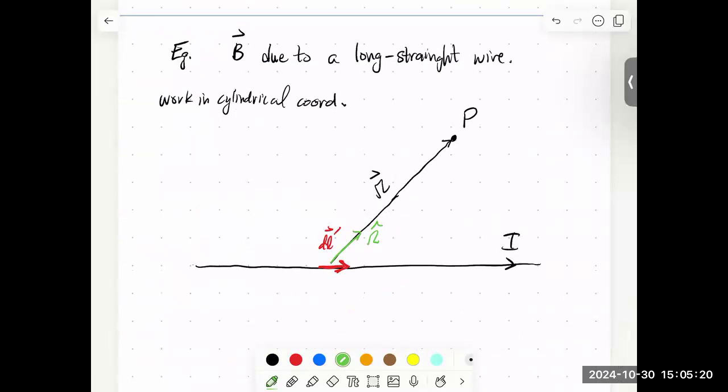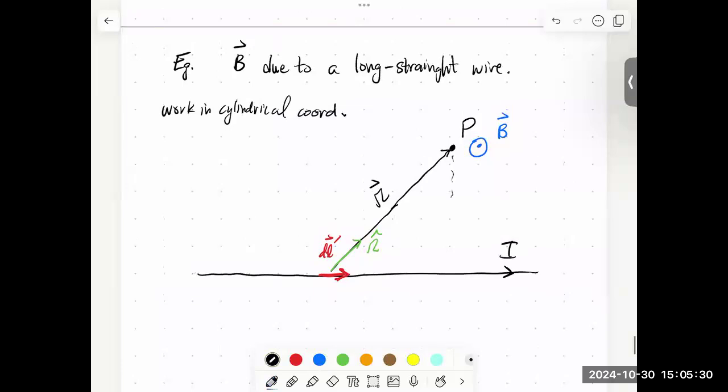So in this case, our magnetic field is coming out of the screen at point P. All right. In cylindrical coordinates, we have this parameter S, which is the perpendicular distance from our axis to whatever our observation point is. And the last thing I'll label on here is theta.